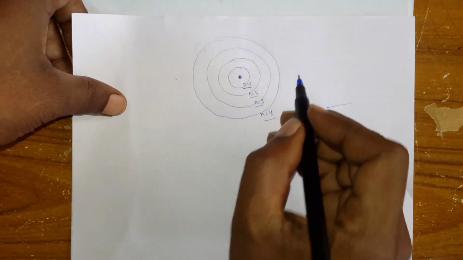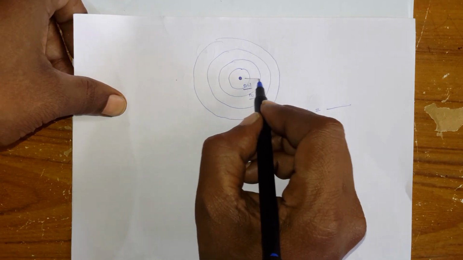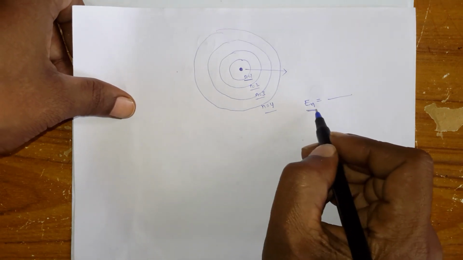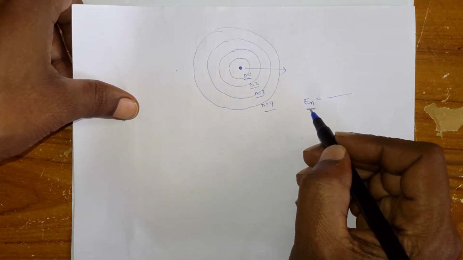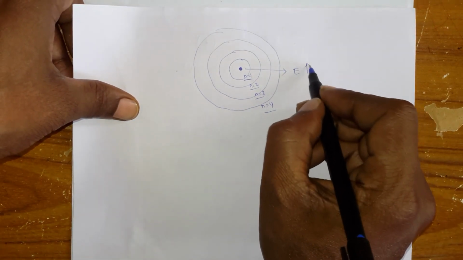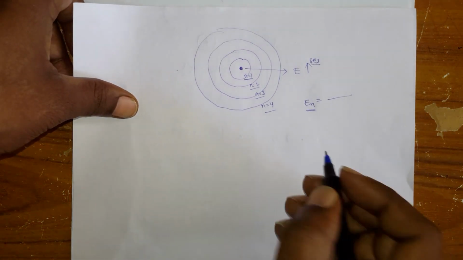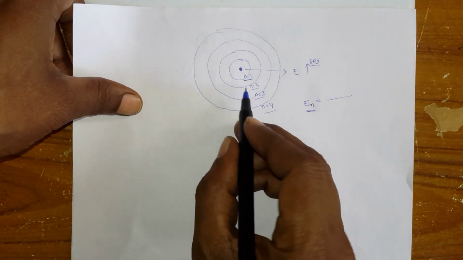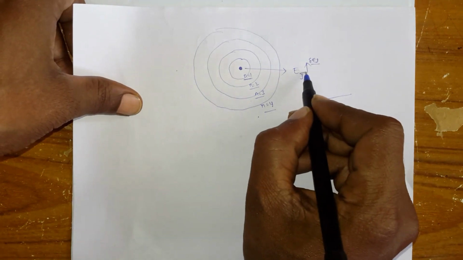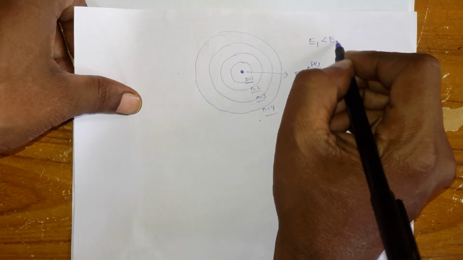And from n equal to 1 to n equal to 4, when the shell number increases, the energy also increases. With increasing shell number, the energy of that shell also increases. That means the energy of the first shell is lesser than the energy of the second shell.